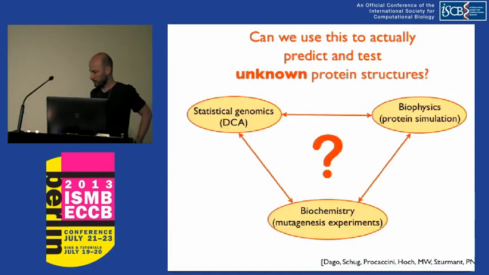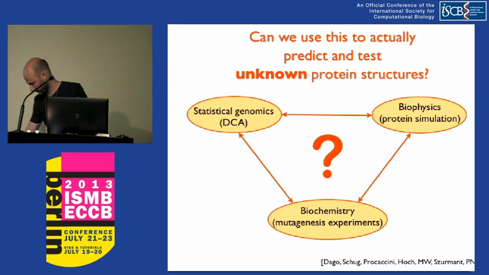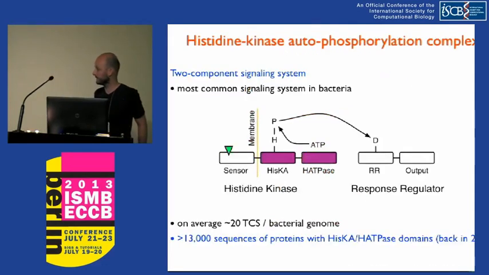It's a work which took us quite a long time, because we didn't want only to predict, but we wanted to use our predictions also to experimentally verify. This took us about 4 years before we got something published, but last year finally it came out. We concentrated on one specific system, a sensor histidine kinase from bacterial two-component signaling.